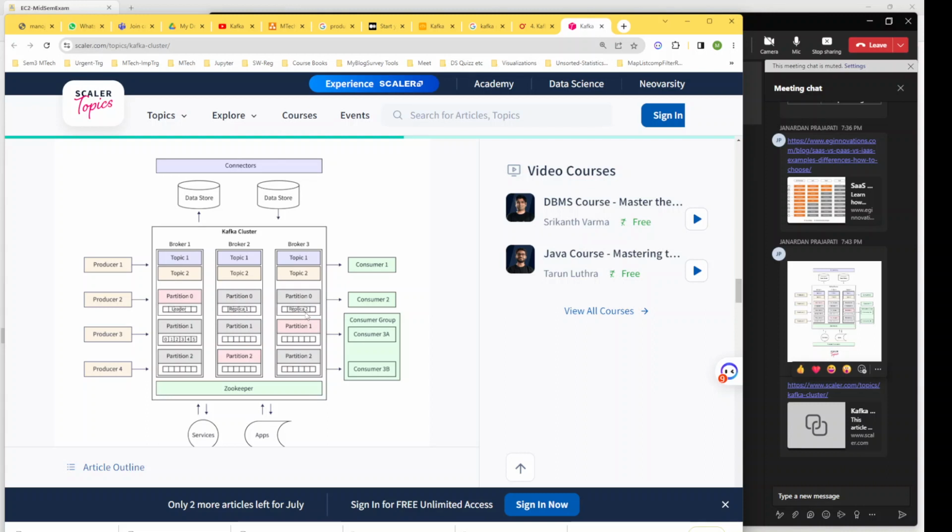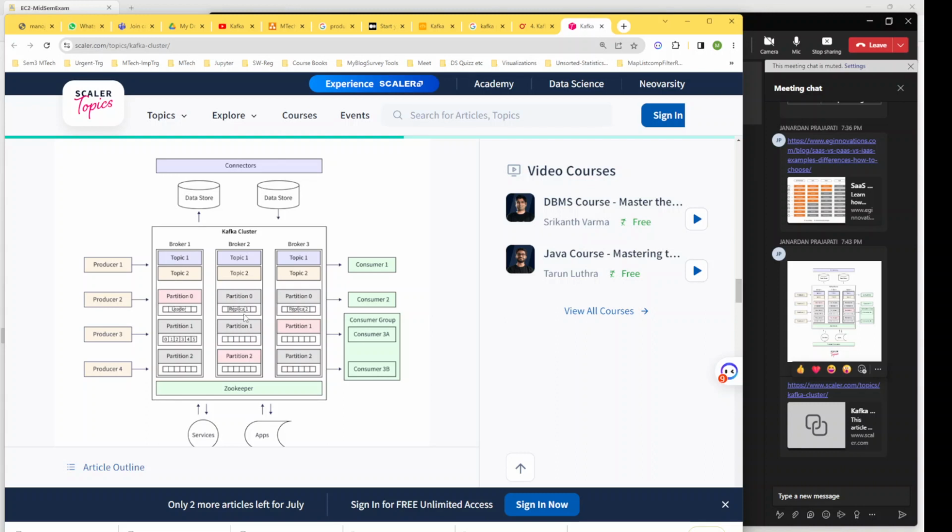So one replica out of them would be the leader. The leader concept is very important in Kafka. Let's say we have only one replica, then it would be like a single node cluster, so it would be the leader as well as the normal replica.